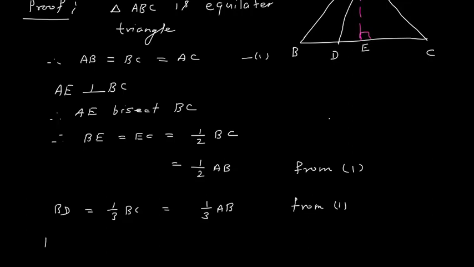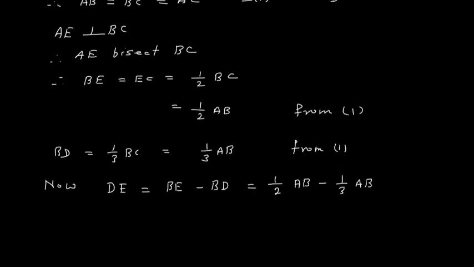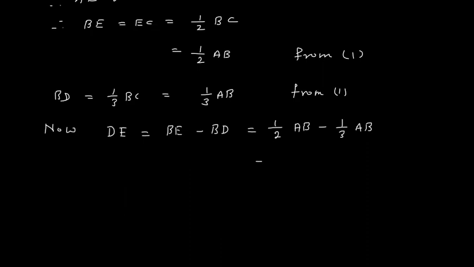Now I have side DE. DE is BE minus BD. So this is 1 upon 2 AB minus 1 upon 3 AB. You simplify and you will get 1 upon 6 AB.